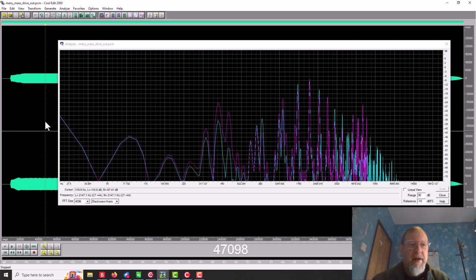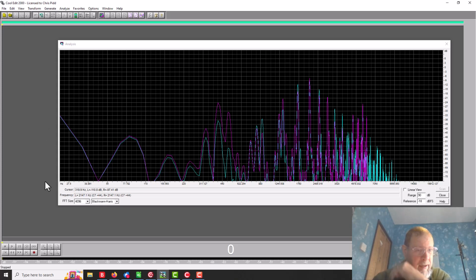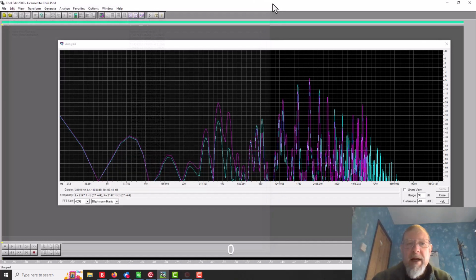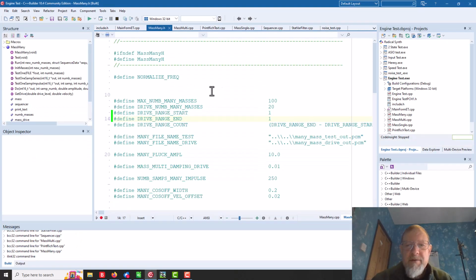And let us finally actually try driving several points. I don't know whether this is going to work. So we're going to drive 5 to 7.